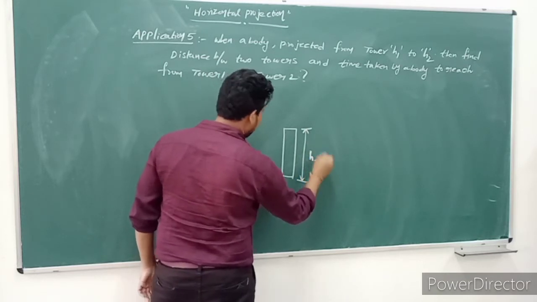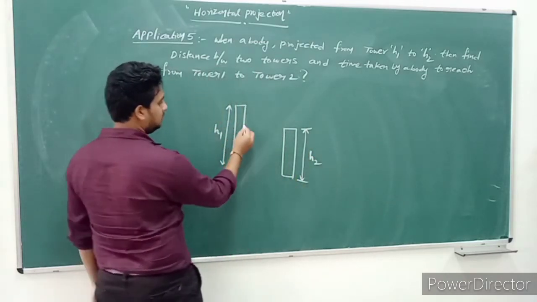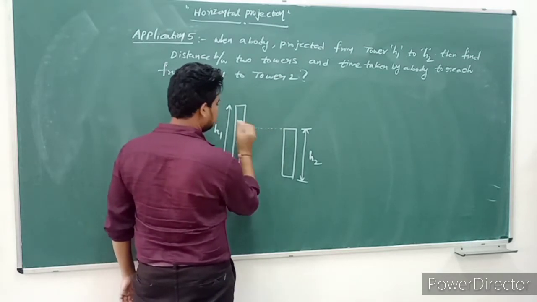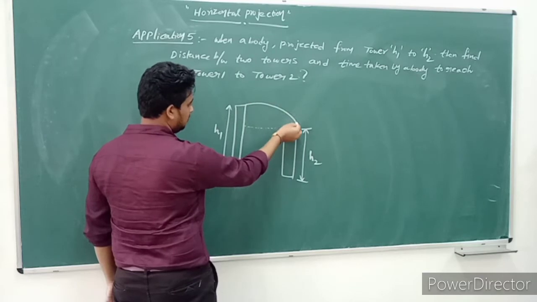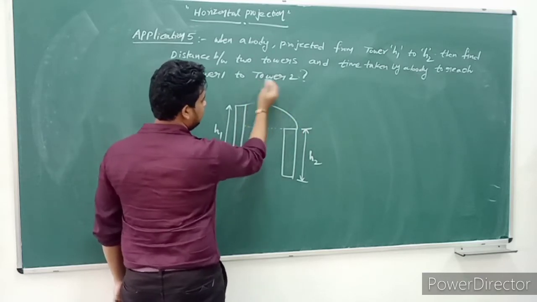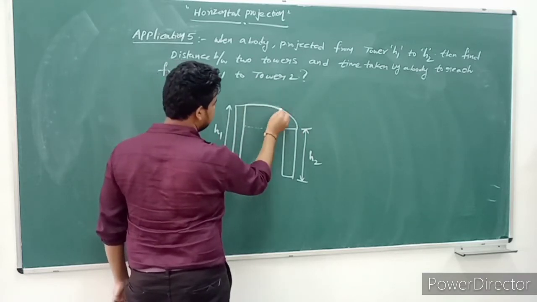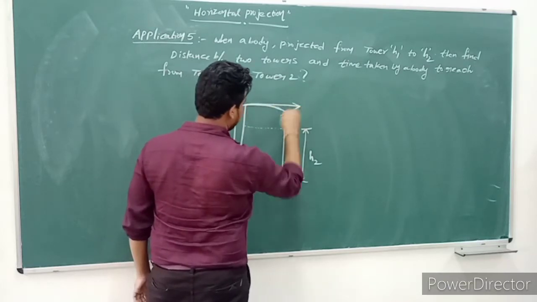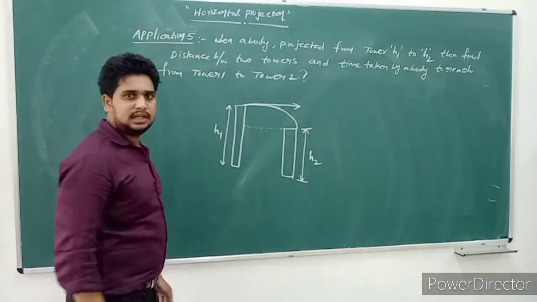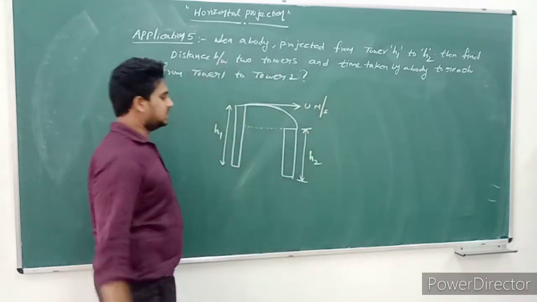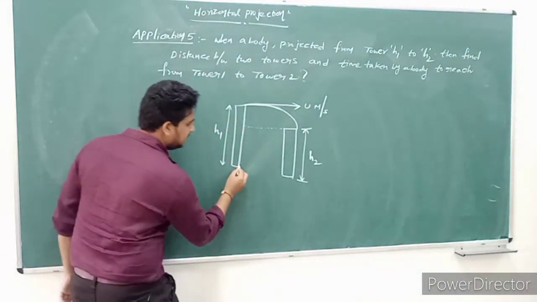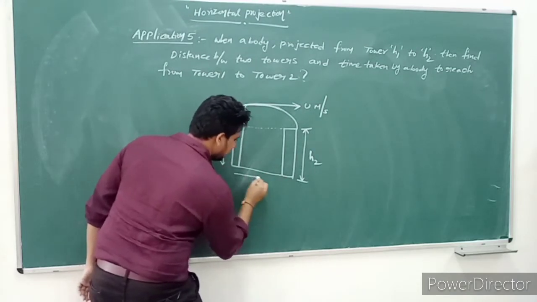Tower 2 has height H2. Now the body is projected horizontally with velocity u meter per second. Let d be the distance between the two towers.